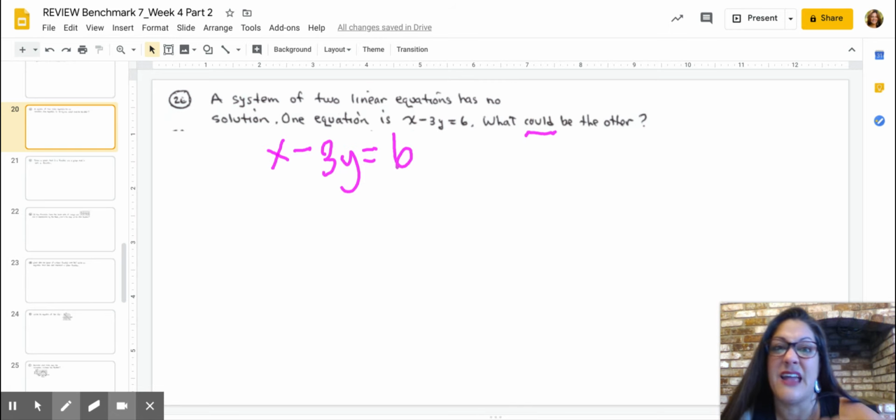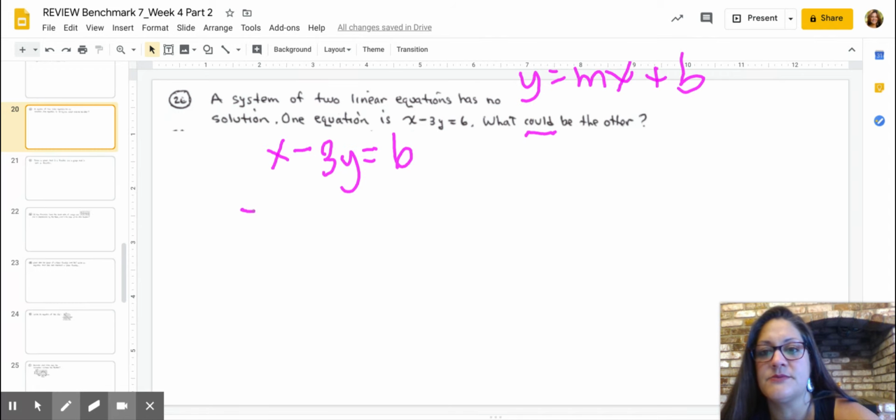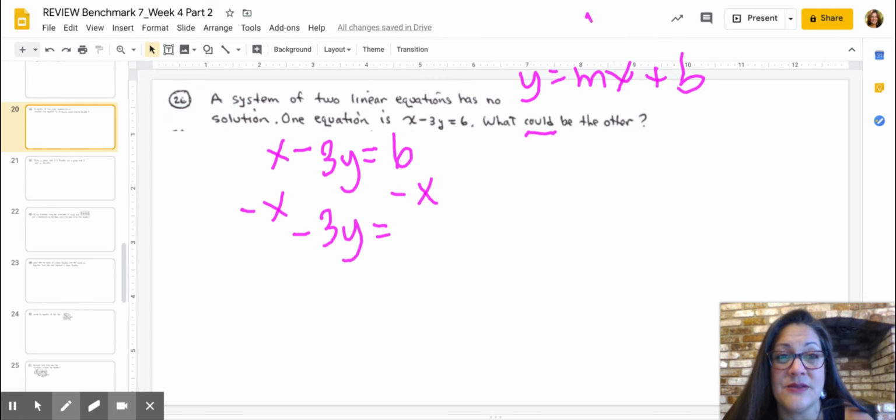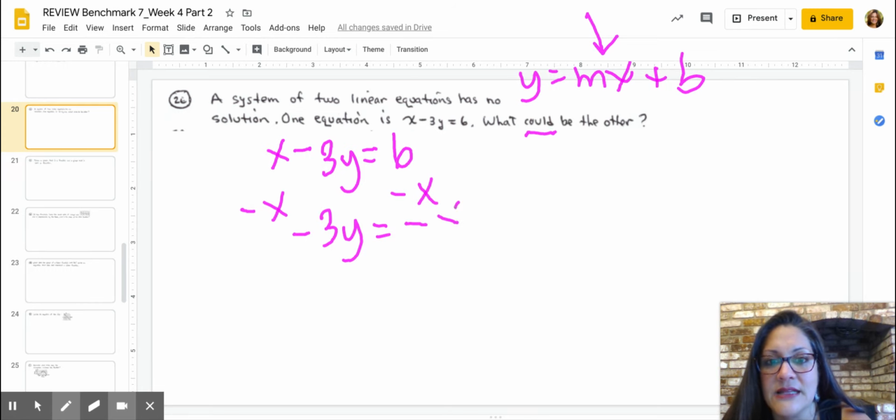So we need the x on the other side because, of course, let me write it up here. y equals mx plus b. So we will subtract x from both sides. And negative 3y equals, and to put it into this form, I'm going to put negative x plus my 6.